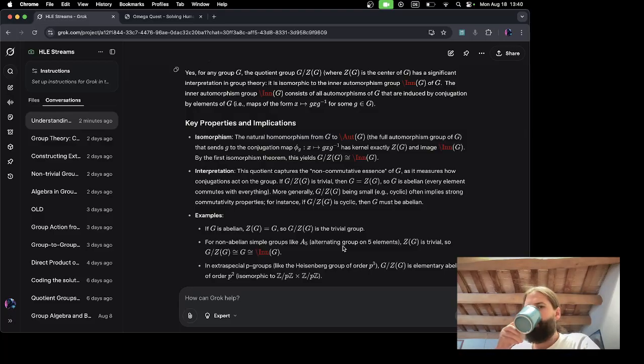Let's walk through a simple example. Suppose you have a group G that's the symmetric group S3, the group of permutations of 3 elements. It's got 6 elements, the identity, 2 3 cycles, and 3 2 cycles. First, we need to find the center, ZS3, the set of elements that commute with everything in S3. To find the center, take an element in S3 and check if it commutes with all others, meaning G times H equals H times G for all H in S3.